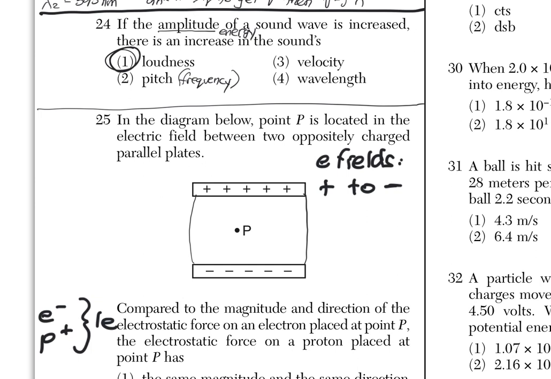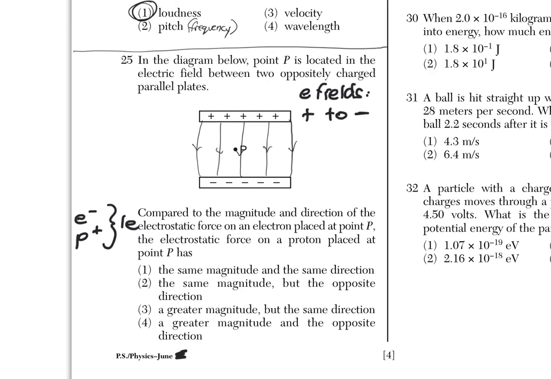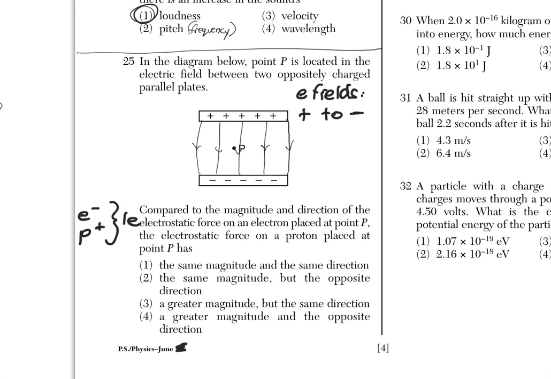So this electric field is going to be going from positive to negative. So the proton would move towards the bottom plate, but the electron, which is negative, would be repelled from the bottom plate and attracted to the top plate, because opposites attract.